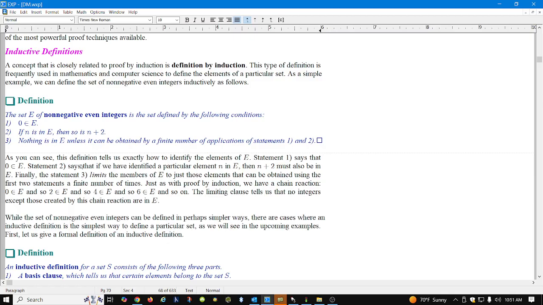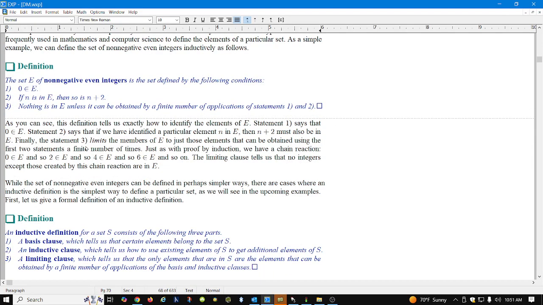If you say something like the elements of E are, and then you've defined it specifically. But if you just say 0's in E and 2's in E and 4's in E and so on, you haven't said what's not in E, and that's the purpose of the third clause.